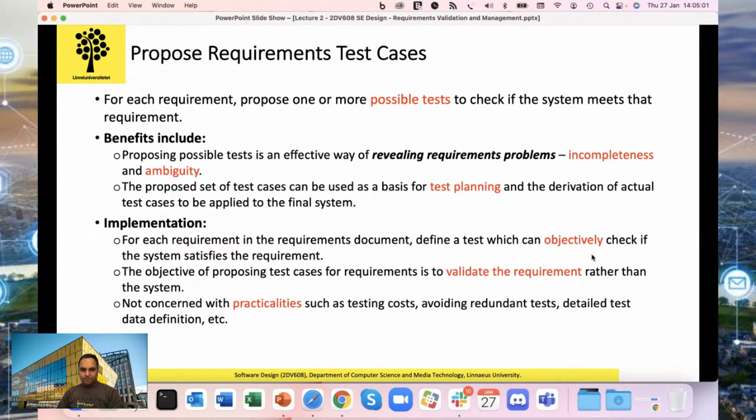You should not be concerned about how you want to test, how long your test should run, if there is any time limit for your test, how many test cases you need, what type of test data you need, and so on. You don't need to think about any of those. At this requirements validation phase, what you need to focus on is what you want to test, not how you want to test.